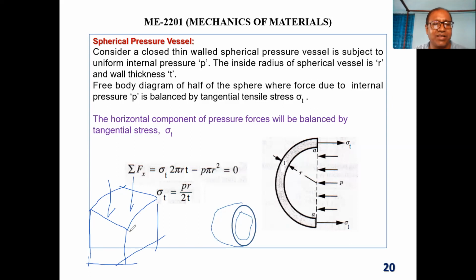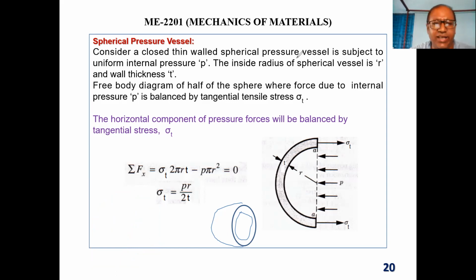You just make a rectangle with this one, the orthographic projection. Then this surface will be matched with this one, and ultimately you will get a rectangle. That rectangle area multiplied by the pressure, you get the force. So anyway, right over here, what you see is that for a spherical pressure vessel, sigma T equals PR by 2T.